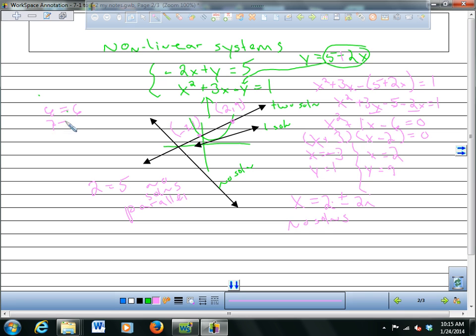If you get something like 6 equals 6, or 7 equals 7, or 0 equals 0 when you're trying to solve, what does that mean? It means there are infinite solutions, okay? And usually that means the same line.